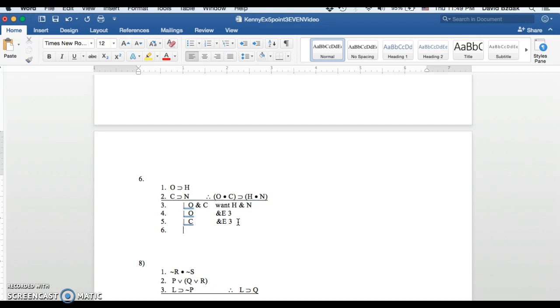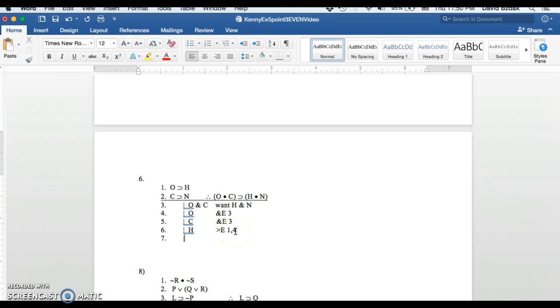Now we can do these two conditional eliminations. So we can get H by conditional elimination 1-4. So line 1 is a conditional, line 4 is the antecedent, so that gives us the consequent.